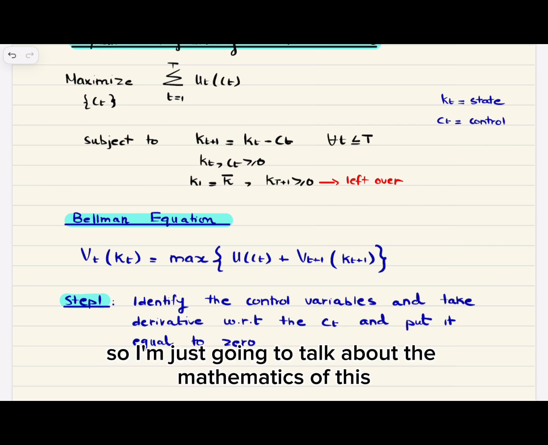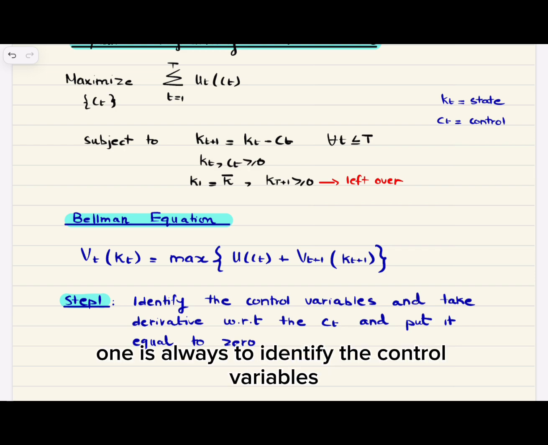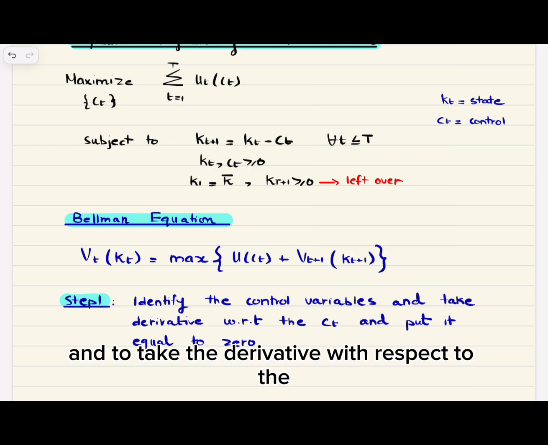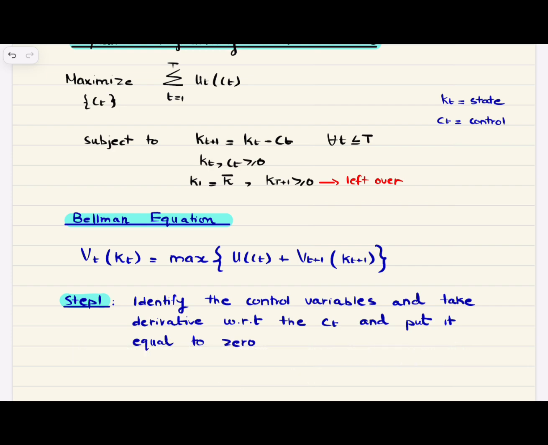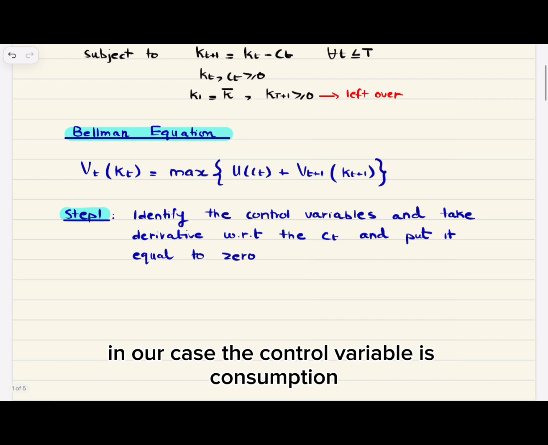So I'm just going to talk about the mathematics of this. Step one is always to identify the control variables, take the derivative with respect to the control variable, and then put it equal to 0. In our case, the control variable is consumption.